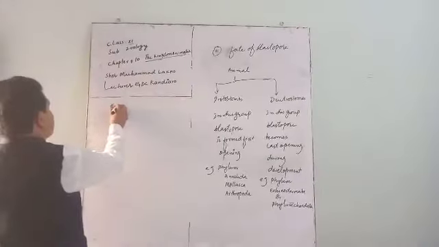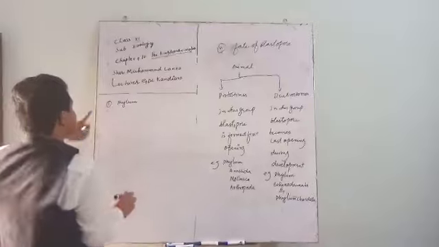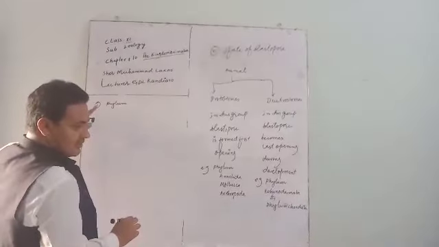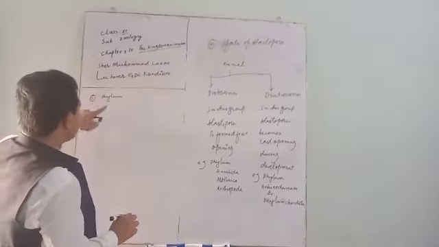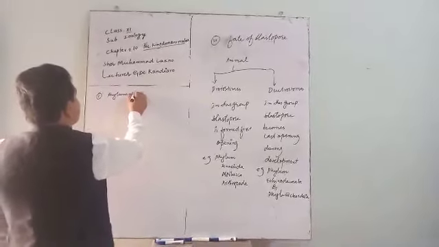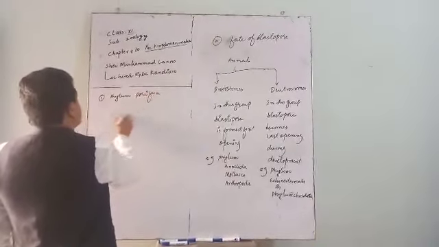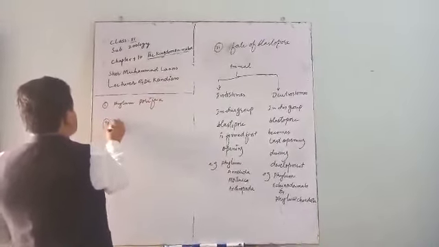Phylum number 1. I am writing only nine phyla. The first phylum is phylum Porifera, also called sponges.